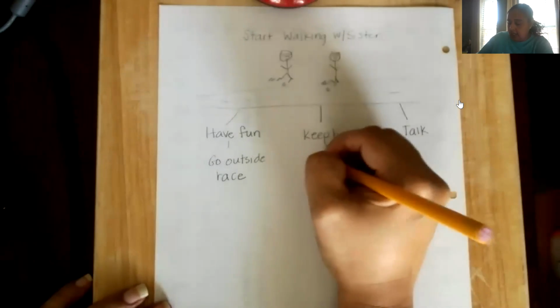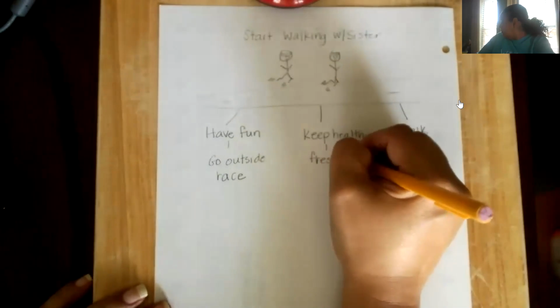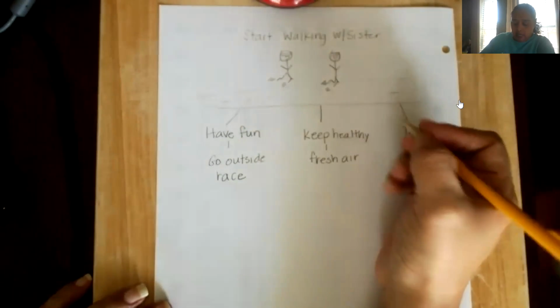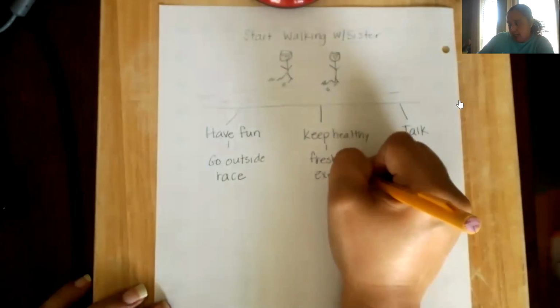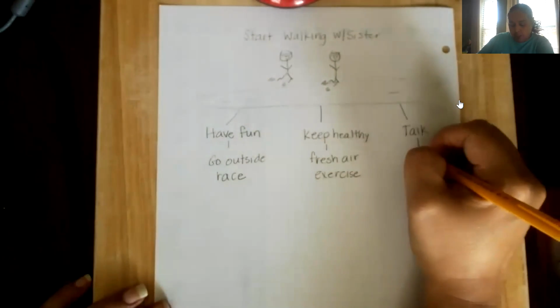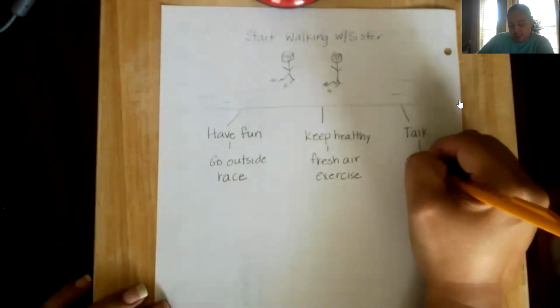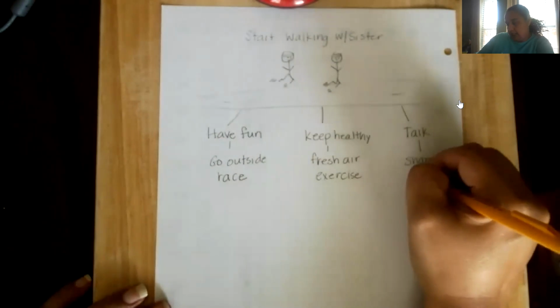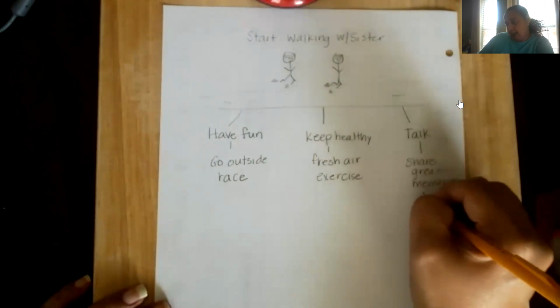To keep healthy, we can breathe the fresh air and exercise is good for us, right? And to talk, we can share great memories. And we can have sister time.